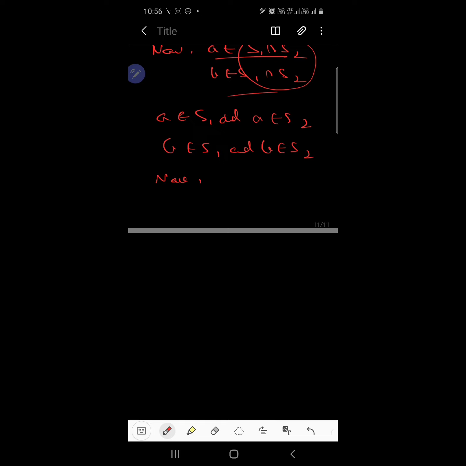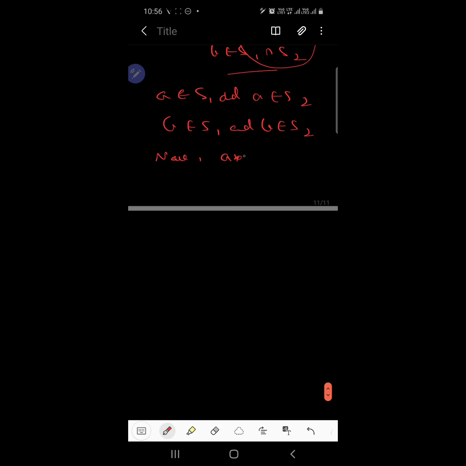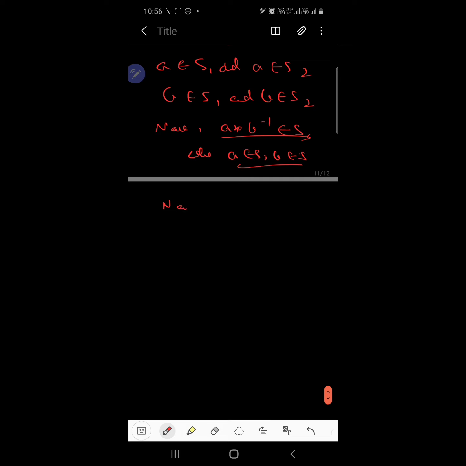Now see, the first thing, the identity portion, is proved. Now in theorem 4 we have seen that A star B inverse belongs to S when A belongs to S and B belongs to S. So if we can prove this as well as the closure property, we are done. Since A belongs to S1 and B belongs to S1, A star B inverse belongs to S1.